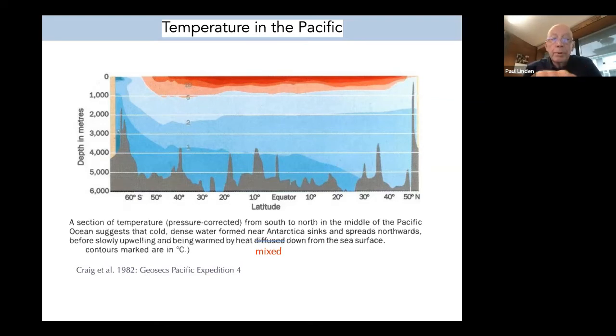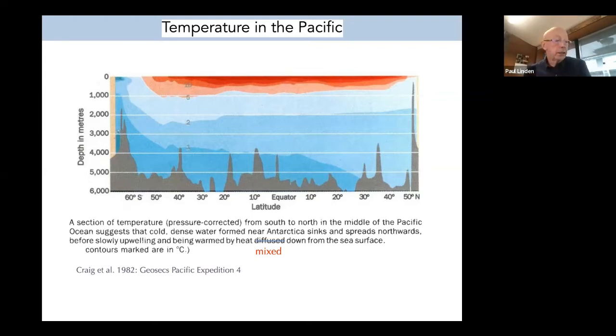What happens is that the surface waters in the low latitudes near the equator get warmed by the sun, as you can see, and cold water is produced at the poles. You see particularly clearly in this picture the South Pole on the left, bringing cold water which sinks and flows northwards along the bottom of the ocean towards the equator and so on.